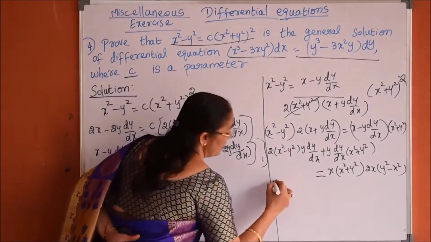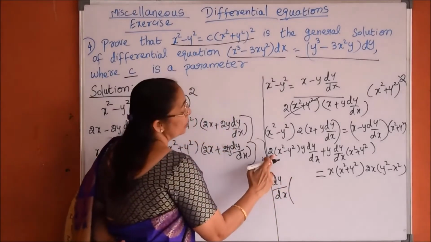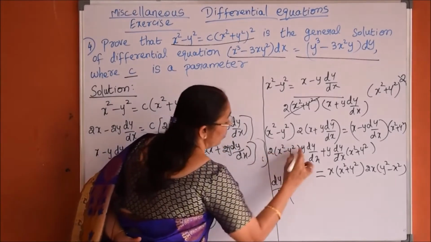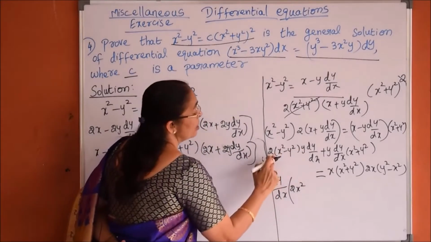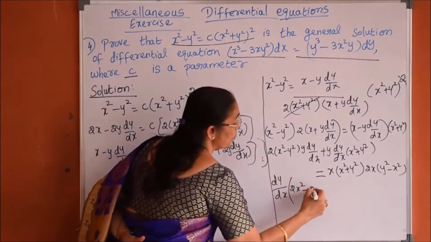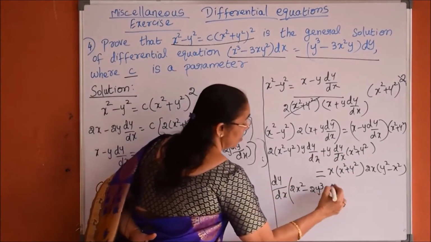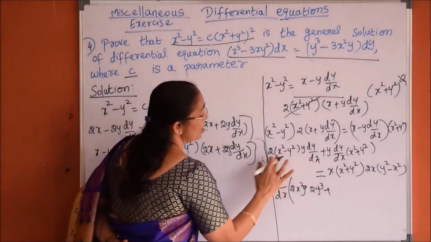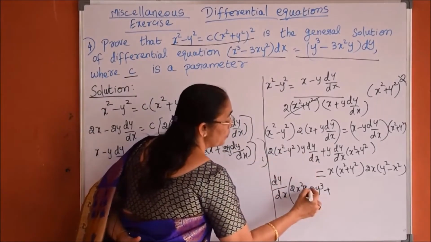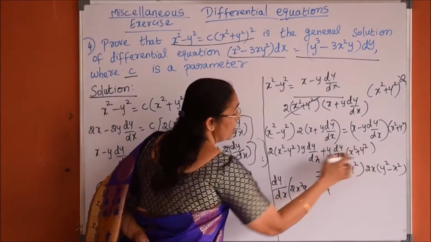From this when we take dy/dx common outside, we will get 2x²y − 2y³ plus x²y plus y³.